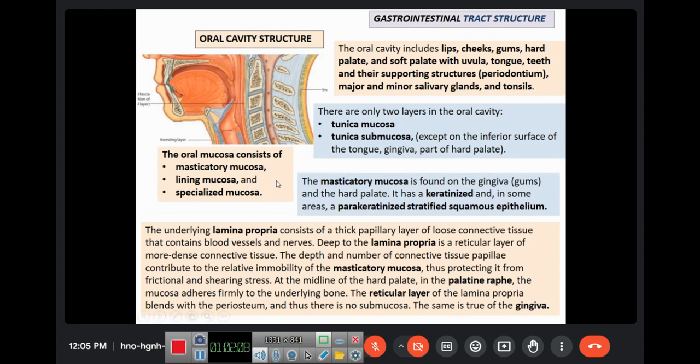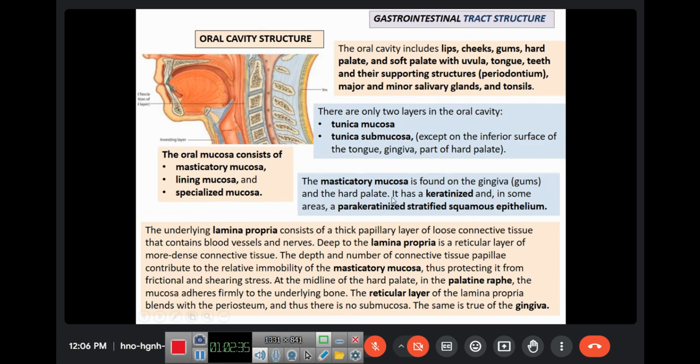The oral cavity mucosa consists of three types of mucosa: masticatory, lining, and specialized mucosa. Masticatory mucosa means the mucosa for chewing, and this type of mucosa is found in gingiva, gums, and in the hard palate.